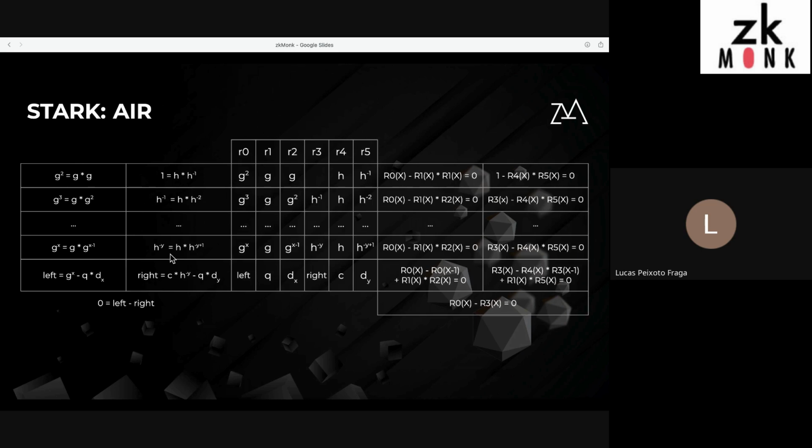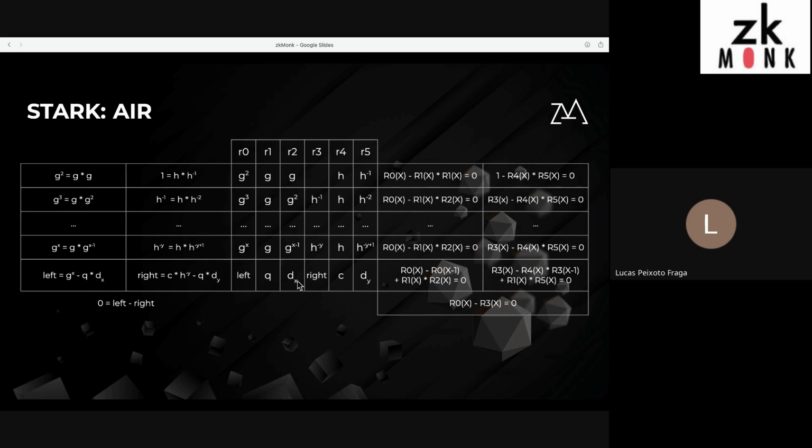But the interesting thing happens in this last row, because even though here we have more than 3 variables in each of these equations, we are still able to fit 2 equations on the same row. Why? Because this way, with R, we can access values that are in other rows. So here we have left, Q, and dx in this row.